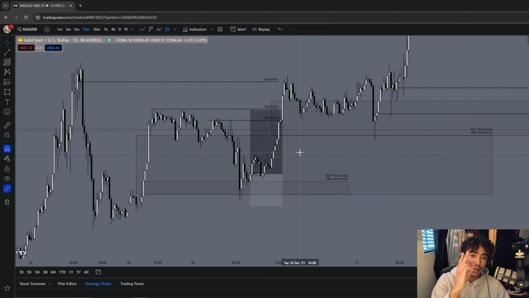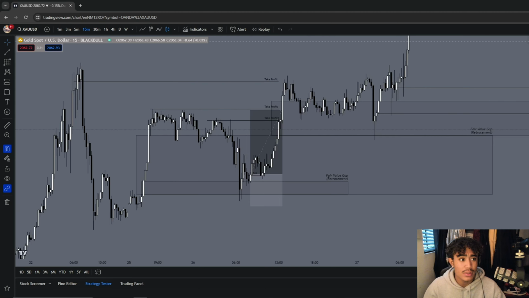And 2, having a validating SL, a validating stop loss. That means when price surpasses this point, my trade idea was not valid. Those 2 things paired together allows you to execute on fair value gap retracements, deep fair value gap retracements. Some people will call fake outs or even liquidity grabs through the fair value gap, such as this.